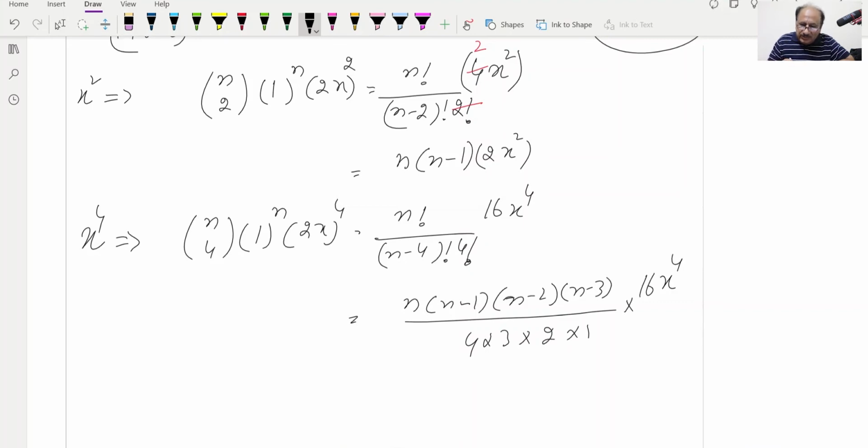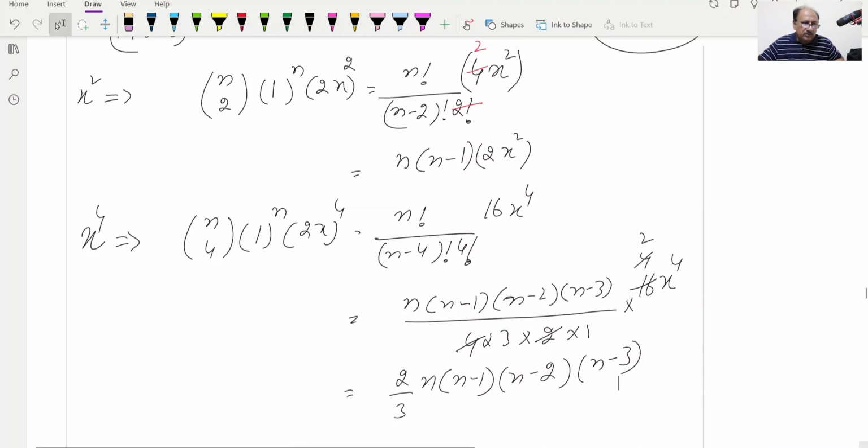So 16 we can cancel, basically 4 4s are 16, and 2 2s are 4 and 2 will be cancelled, and this will be 2 over 3 into n minus 1 into n minus 2 into n minus 3.